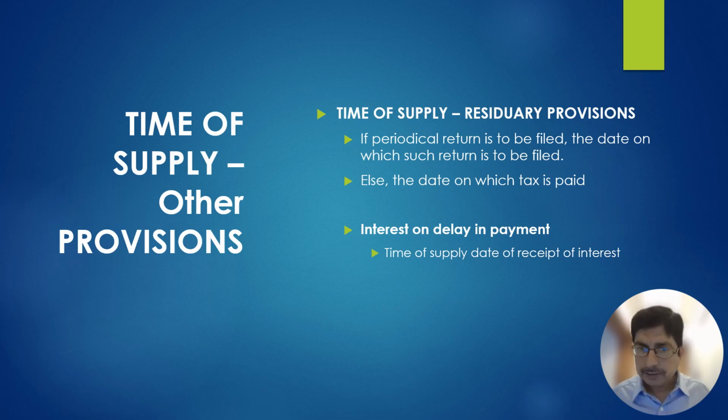Section 15 subsection 2 of the valuation rule. This is to be included in the price to arrive at the value on which GST is payable. Section 15 subsection 2 of the CGST Act.